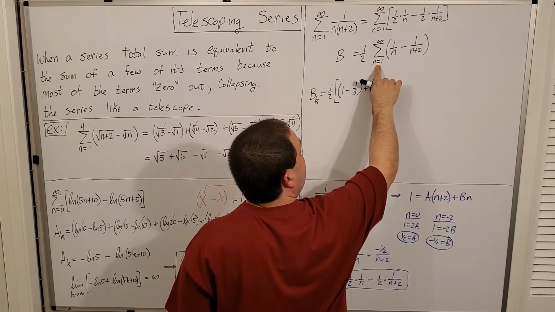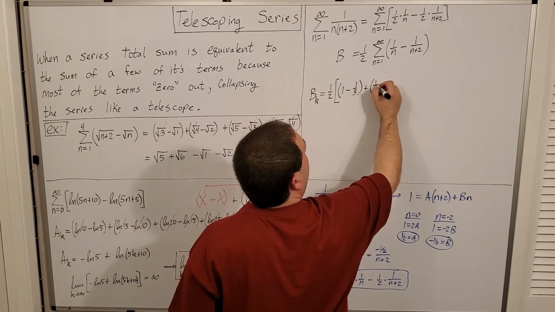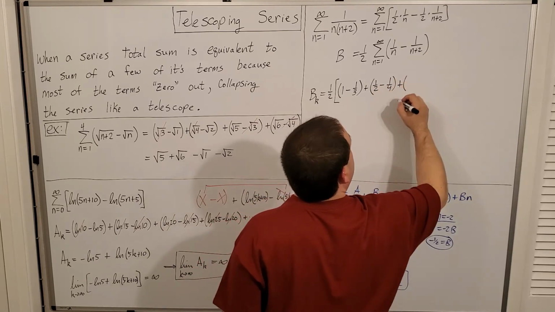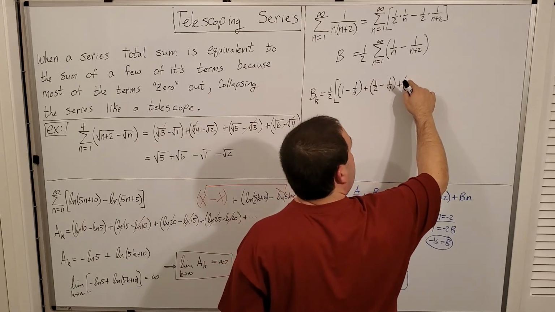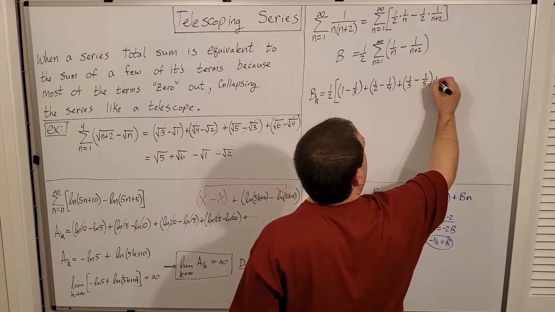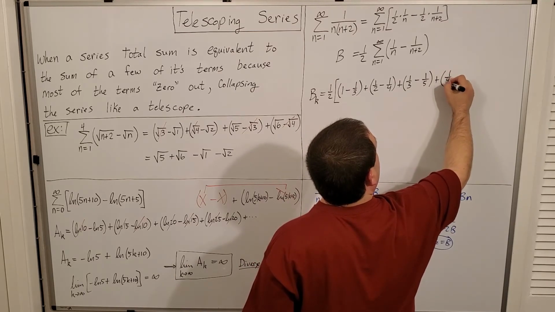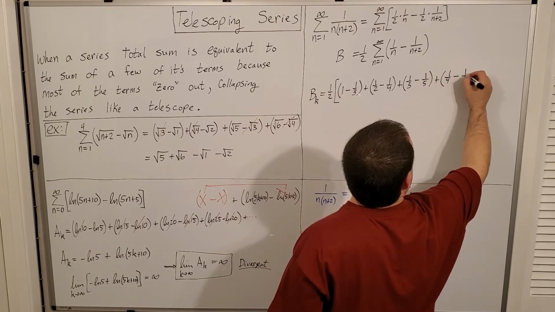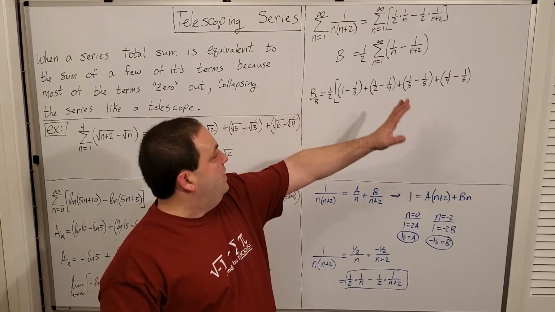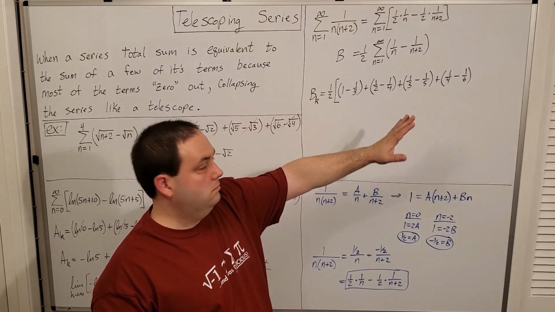Plus, when n is 2, I've got 1/2 minus 1/4. Plus, when n is 3, 1 over 3 minus 1 over 5. When n is 4, okay, so I've gotten up to B sub 4 there.